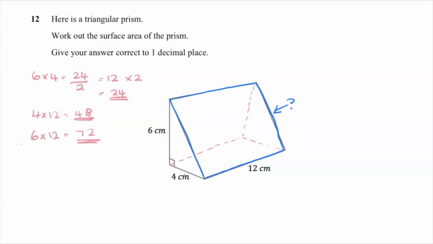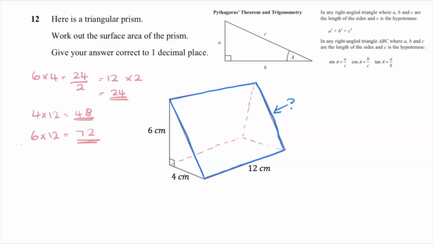So I'm going to go back to the fact that we've got a right-angled triangle in this shape. I've got 2 of the edges and I don't know the third. If we look at that formula triangle again, we can see that Pythagoras has the 3 edges in it. We've got 2, which means it'll help us find the third.